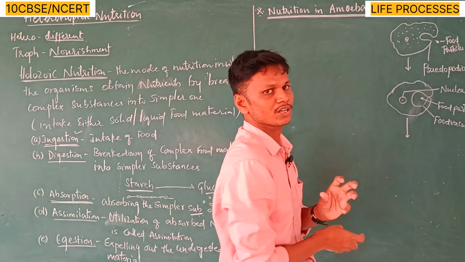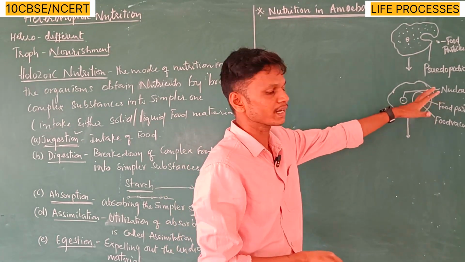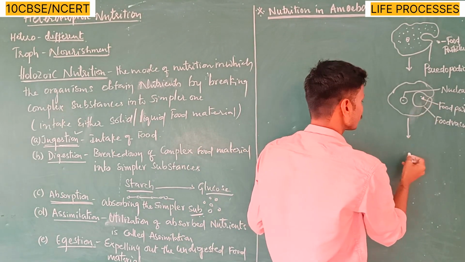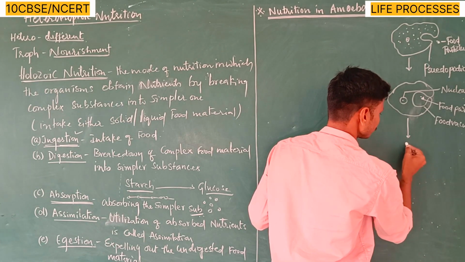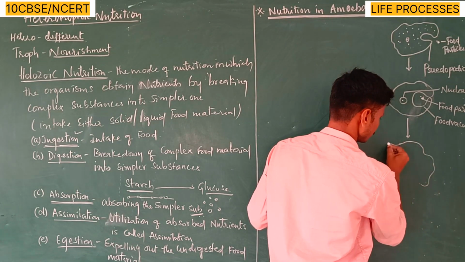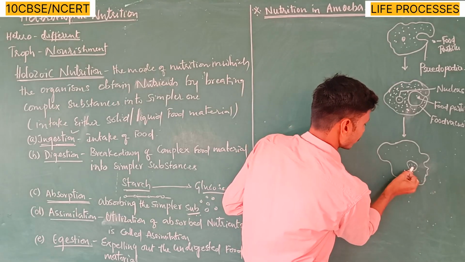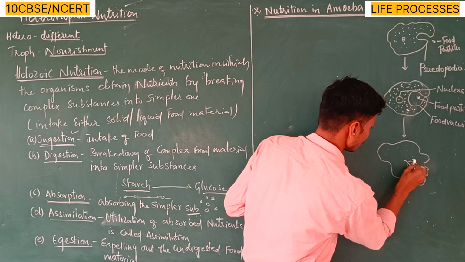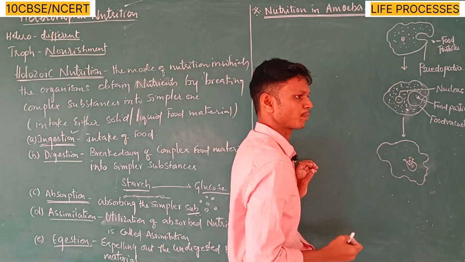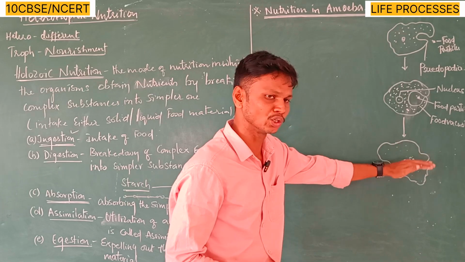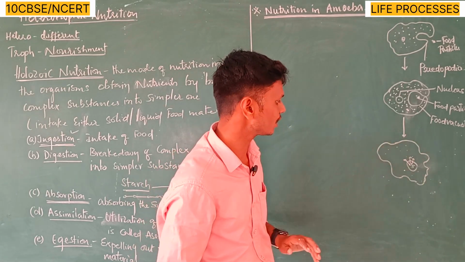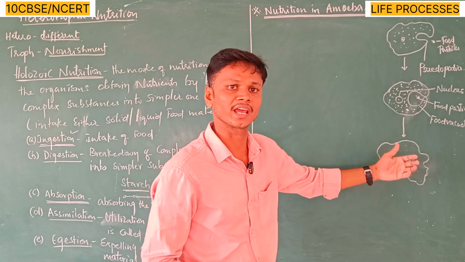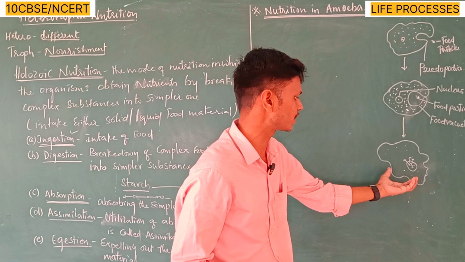In the food vacuole, some hydrolytic enzymes will be there, and they break down the food particles present in it. The food particles break down to form simpler substances, and these nutrients diffuse into the cytoplasm, and then they will be utilized to get energy for various activities performed by the amoeba.